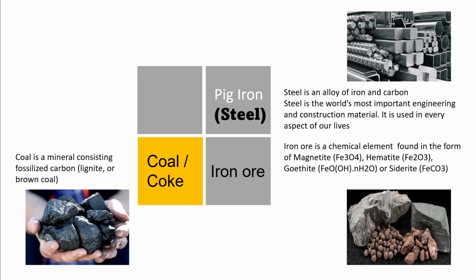So iron ore is combined with coal. Basically, coal is the one which gives heat. For chemical reactions to take place within the iron ore, the input is given in the form of coal. Of course, coal is not used directly.